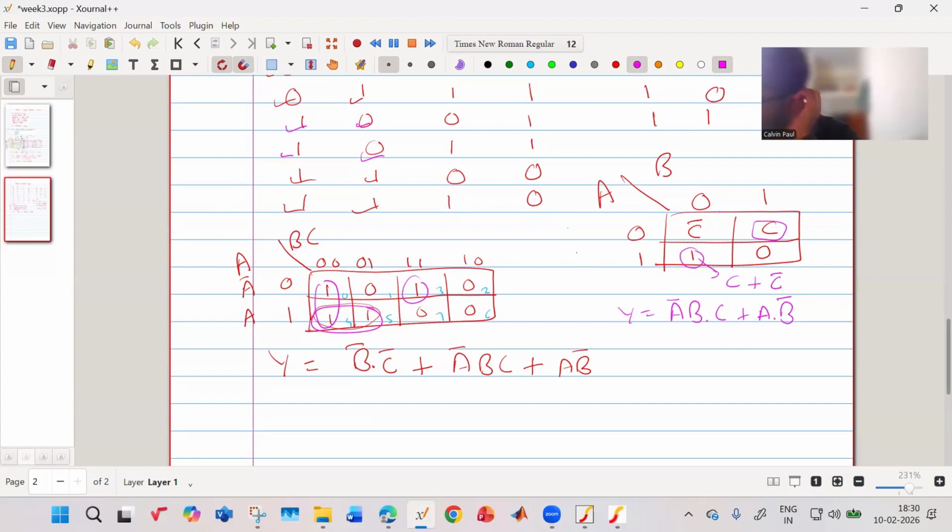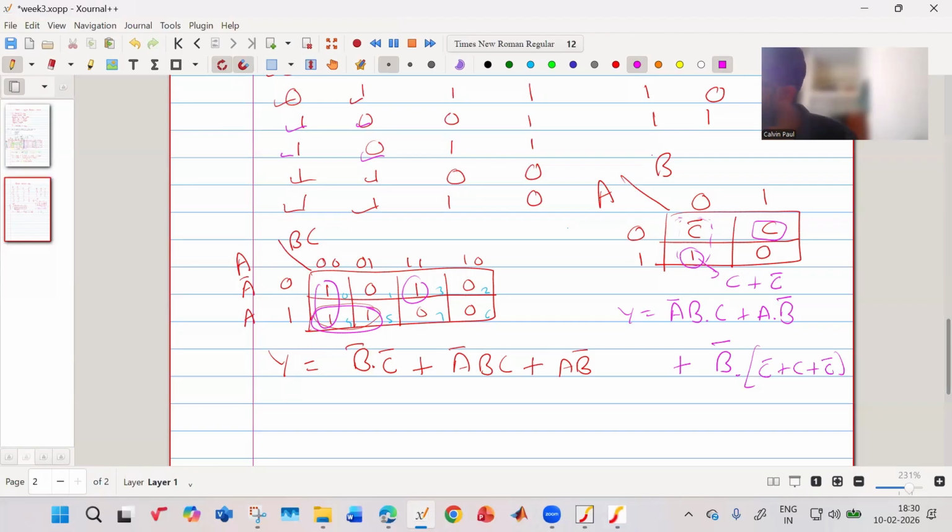Then you group it. When you group it, you will get B bar and C bar plus C bar.